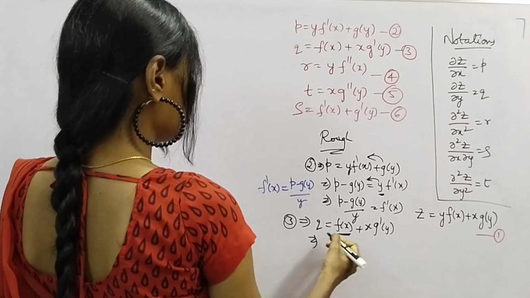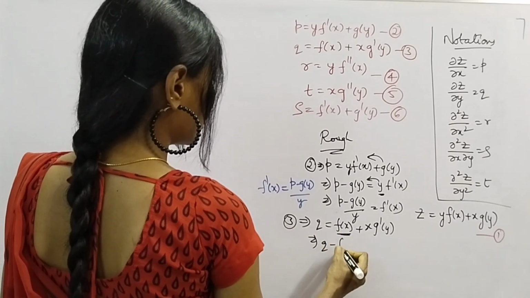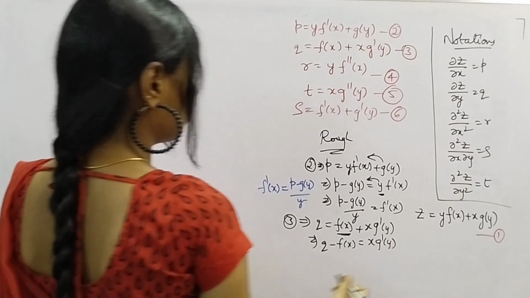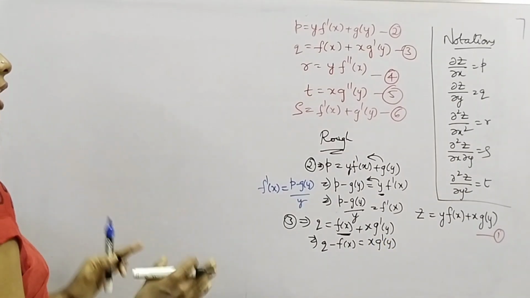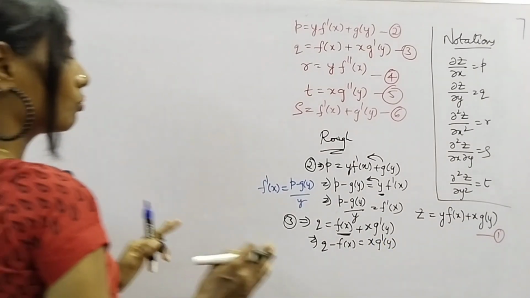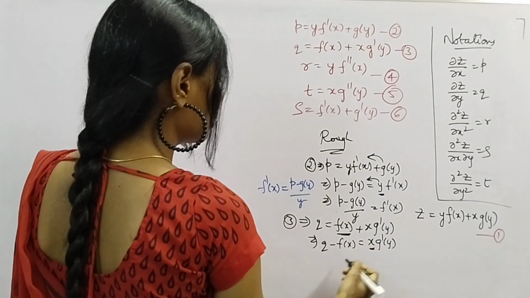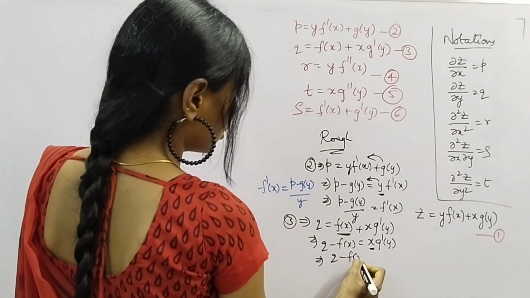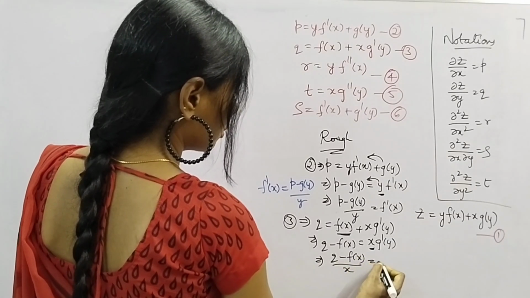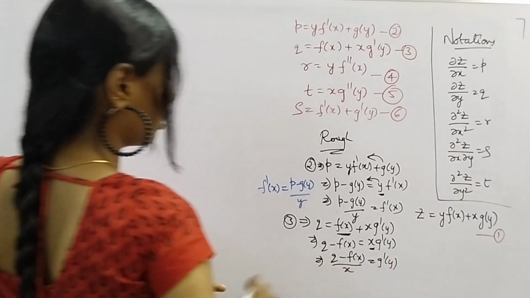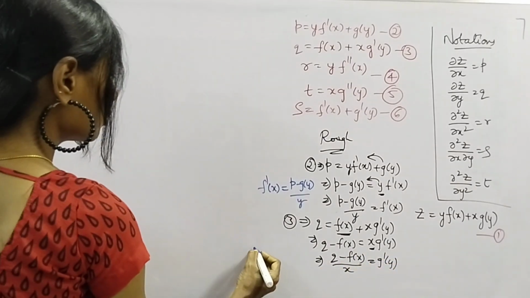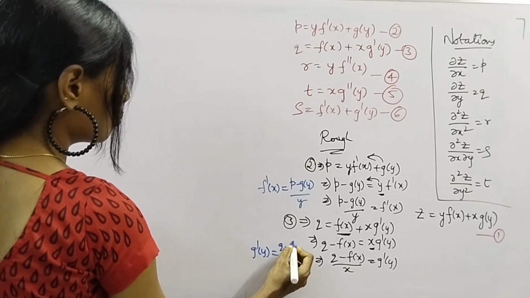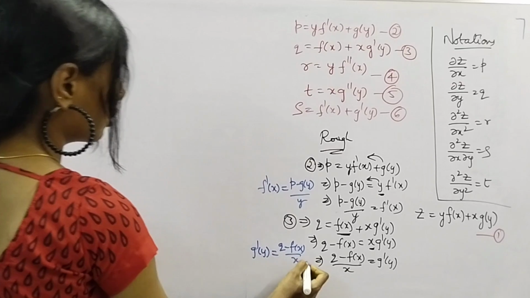Now I'll bring this to LHS so that I get q minus f of x equal to x into g dash of y. I need the value of g dash of y, so I'll bring this x here. I'll get q minus f of x by x equal to g dash of y. So here we got the value of g dash of y, which is q minus f of x by x.